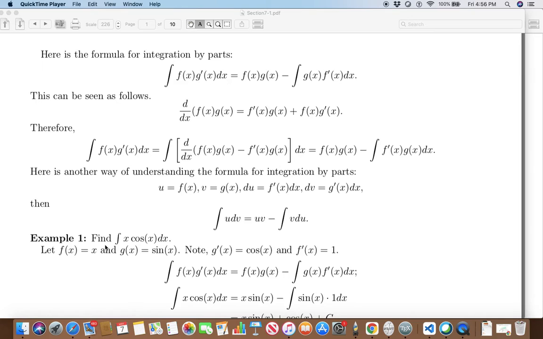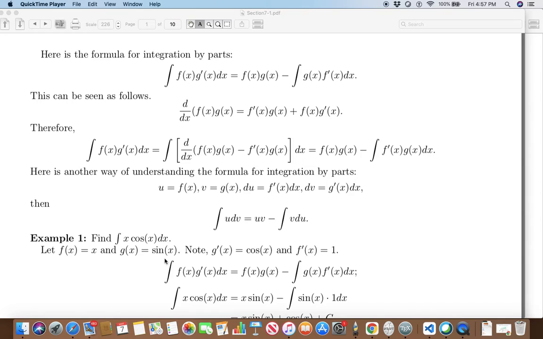So how do I find the integral of x cosine x? I have to rewrite this in such a way that the first factor is f and the second factor is the derivative of g. So in other words, g is sine x.